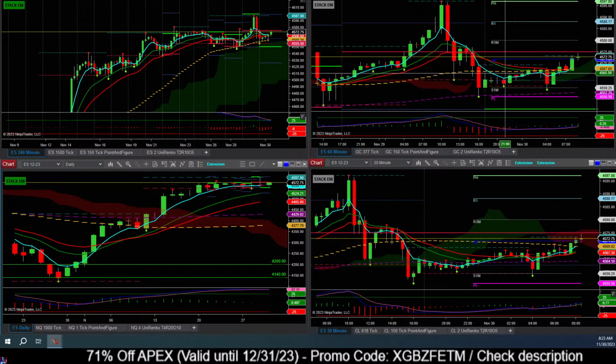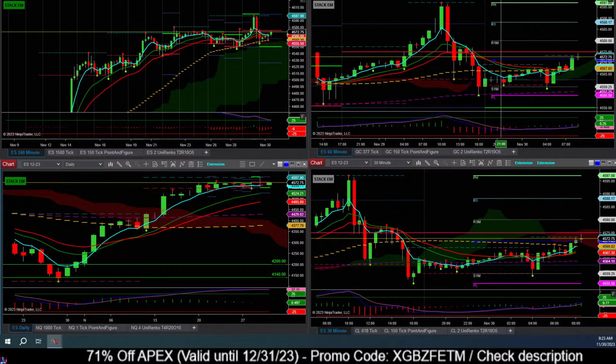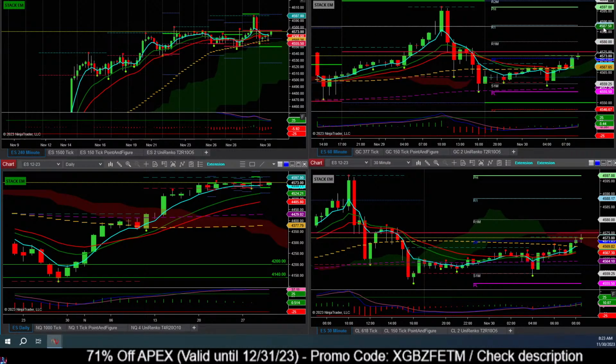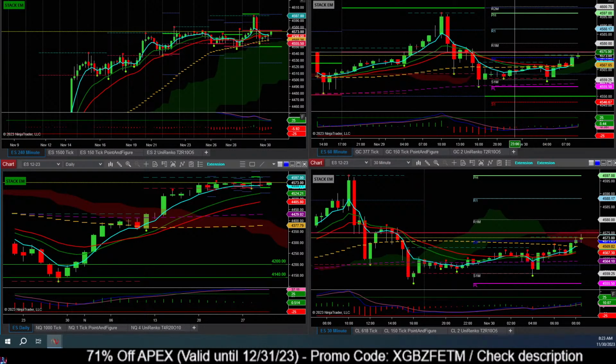So that is 7 minutes away. We do have also in the 60 minutes, we are right against resistance now. And remember, this value could be important right here, the 4600 level.